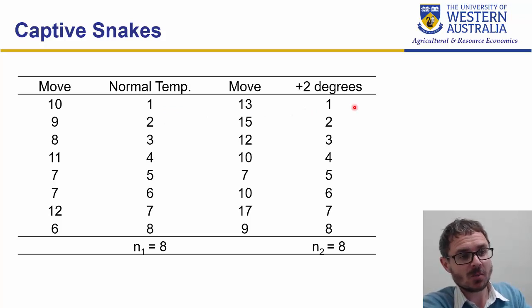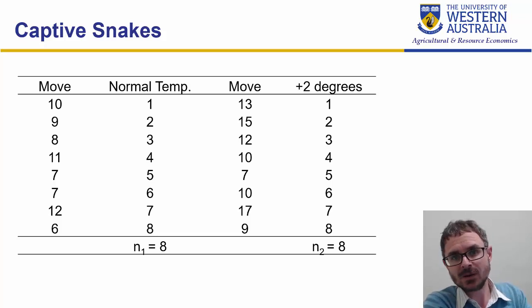Okay, so paired, I've got 2 measurements on each snake. I've only got 8 snakes in my captive breeding program, so I put them all in the normal temperature, run the camera, and get our standardized measure of movement intensity.